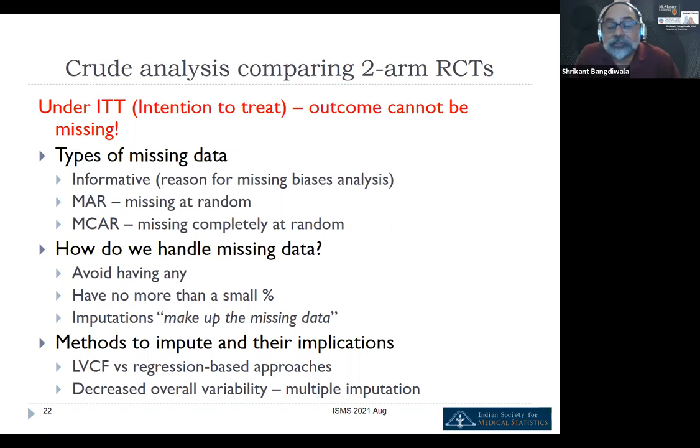We could use regression approaches, estimated based on their previous values extrapolated, or taking means of the values of other people that are similar. There's all sorts of different complicated regression-based approaches that people come up with. Those reduce the overall variability. So in order to not do that, nowadays we do that with multiple imputation.